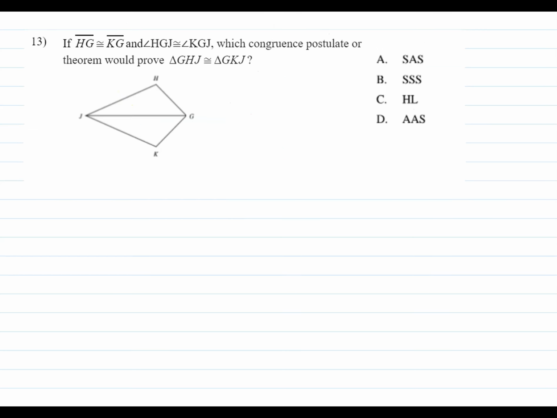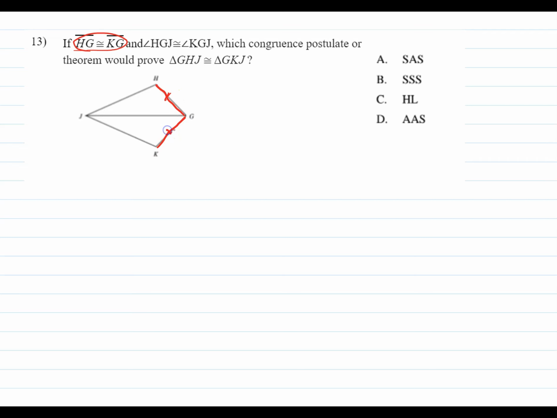Number 13. If side HG is congruent to side KG, and angle HGJ is congruent to angle KGJ, which congruence postulate or theorem would prove triangle HGJ is congruent to triangle KGJ? Lots of letters here. HG and KG are corresponding. These are sides. So if I find HG and KG, I can give them both a single mark.